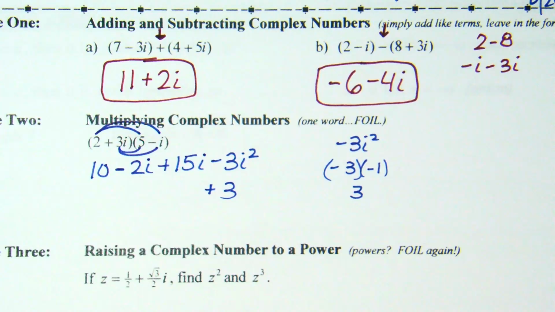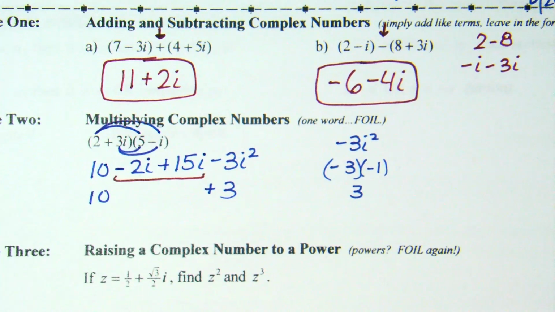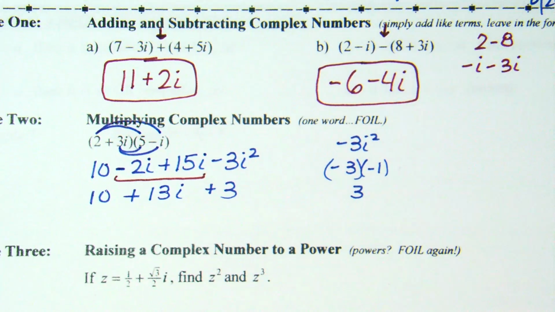So we've got our i's together. Now that my minus 3i squared became a positive 3, put that with the 10, and we have 13 plus 13i. They're not like terms, so you are done right there.